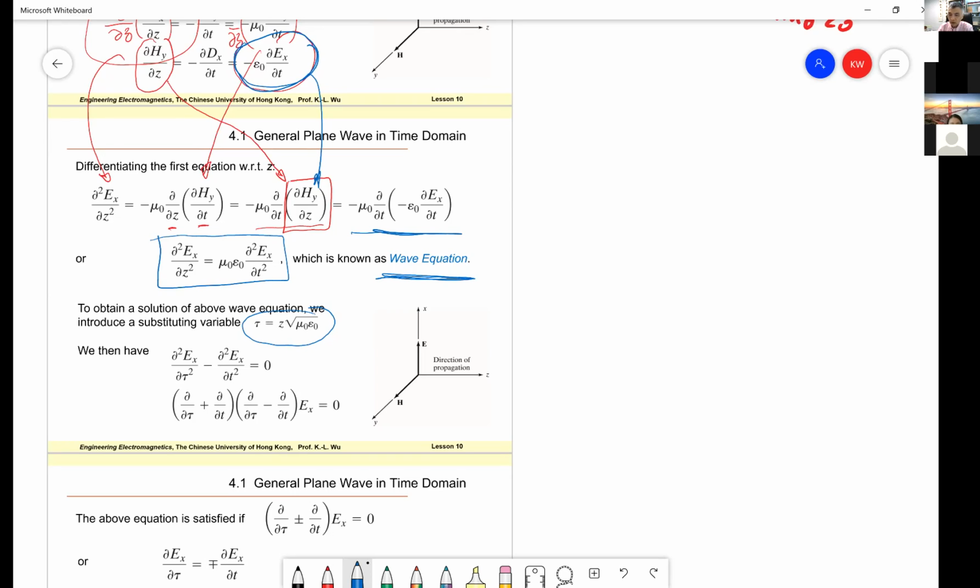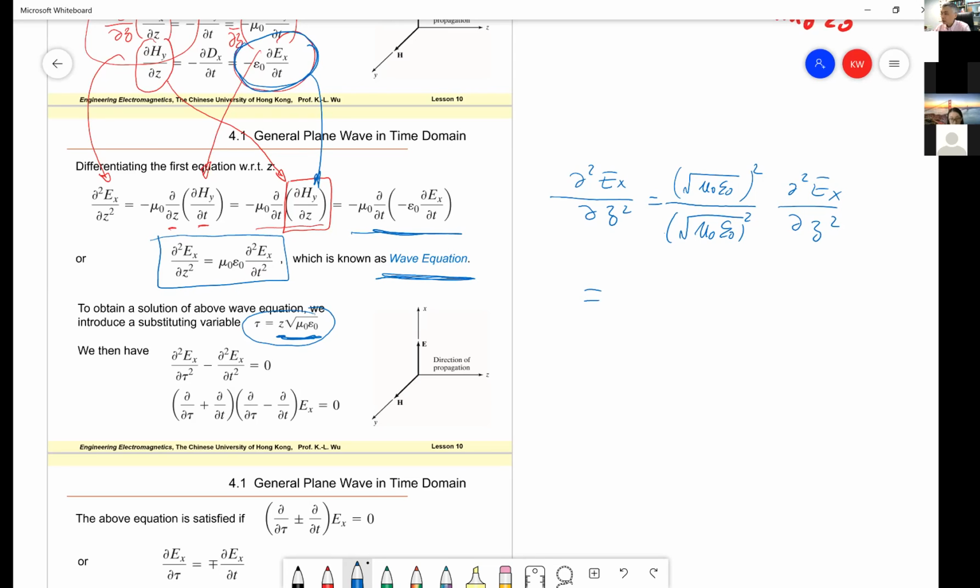It is defined as the variable z multiplied by a constant. Then I multiply this on both sides, upstairs and downstairs.